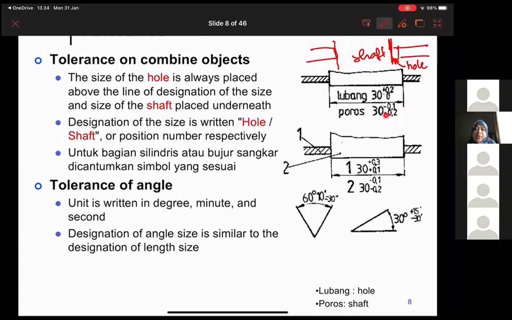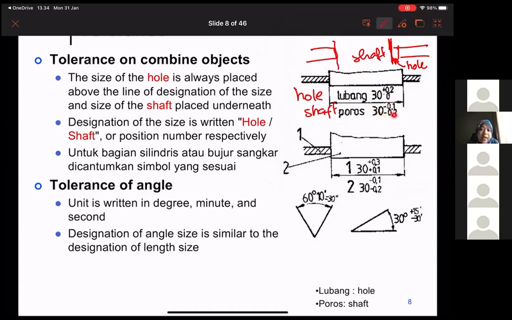So if you look at here, let's write it. This is hole and this is shaft. You can see that the shaft should be 30, but both tolerances are minus: 29.9 for the upper and 29.8 for the lower.